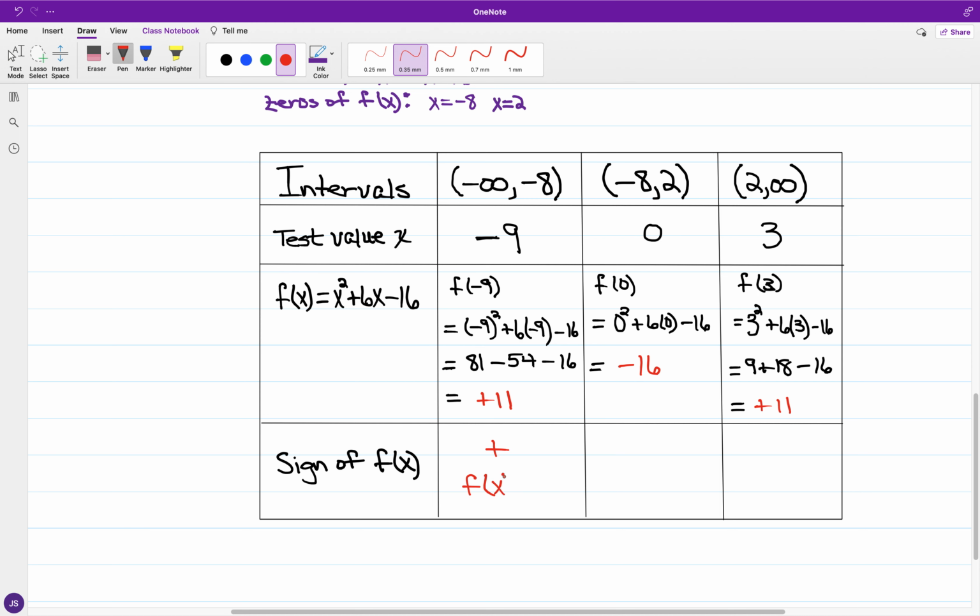And with positive outputs, f of x is greater than 0. Anything between negative 8 and positive 2, but not including negative 8 or 2, the output is going to be negative. So we're going to have f of x less than 0, and any value that we select for x that is greater than 2, we're going to have a positive output.